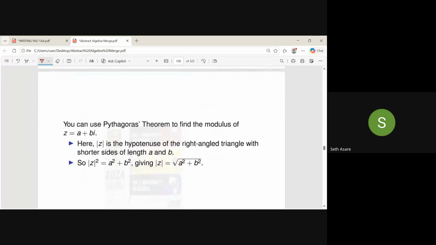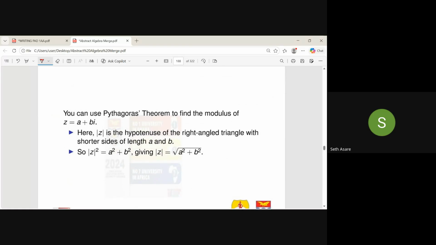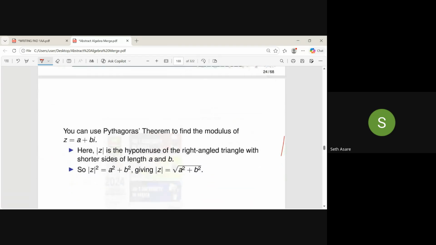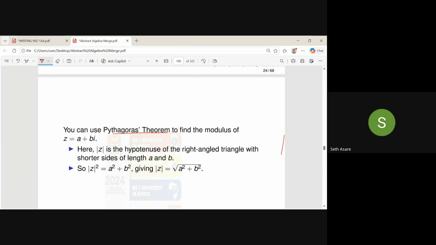All right. Now, if we need to find the modulus of this, we can use this formula. Z is equal to a plus bi. Here, this becomes the hypotenuse, the modulus. The real part is here.